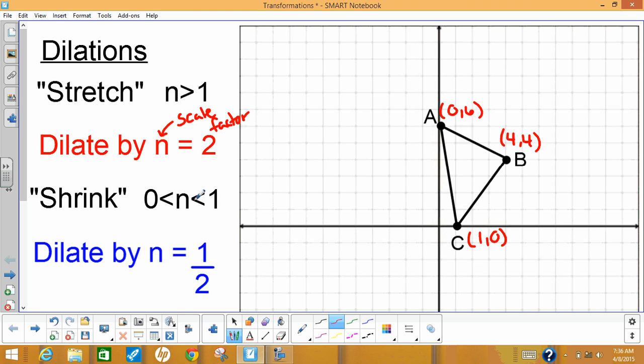So just like we did with the scale factor of 2, we're going to multiply the x's of every coordinate and the y of every coordinate by 1/2.